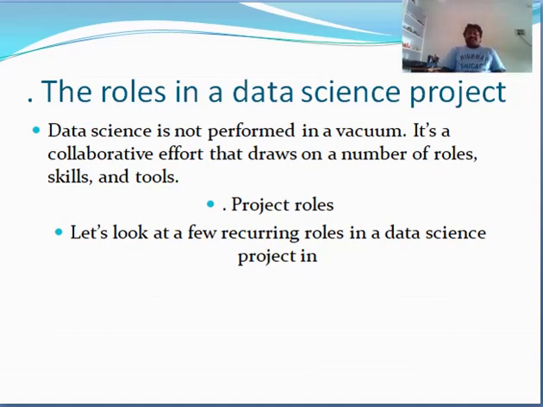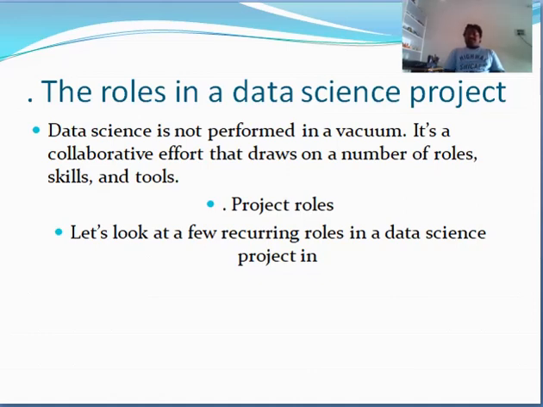Next thing is the roles in a data science project. Data science is not performed in a vacuum.